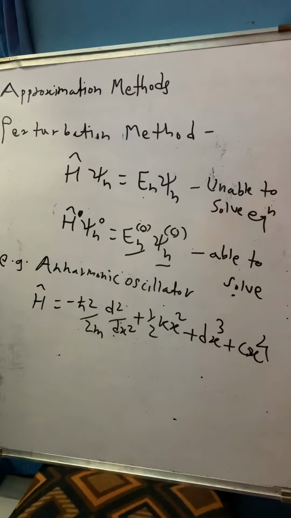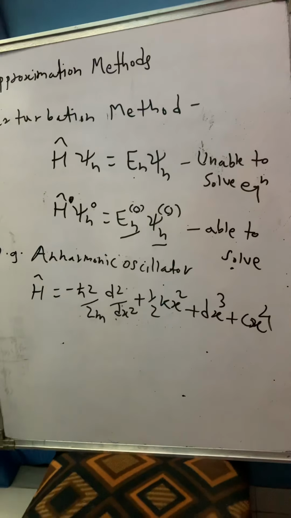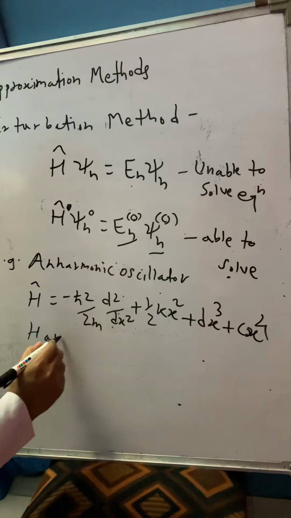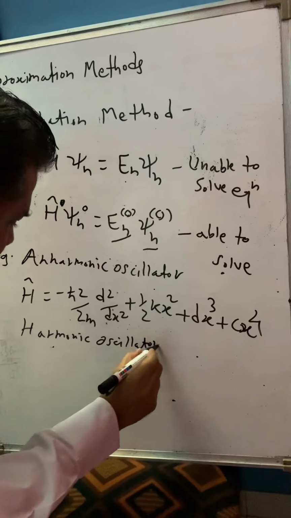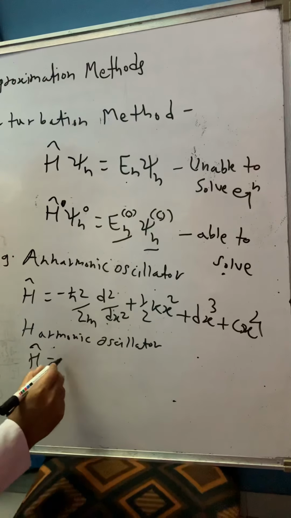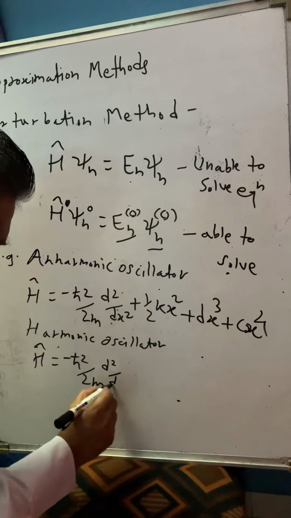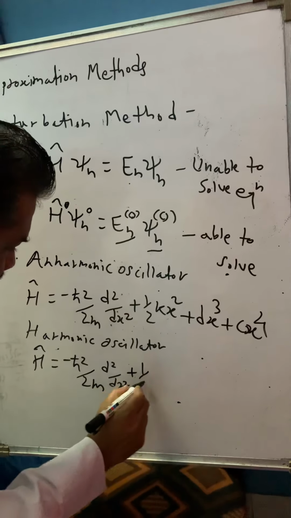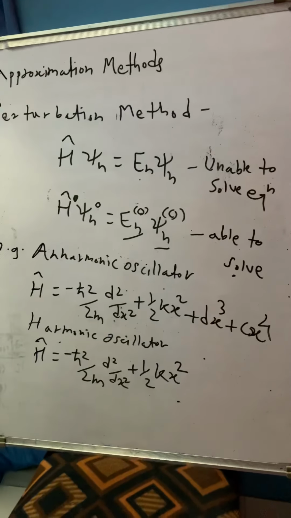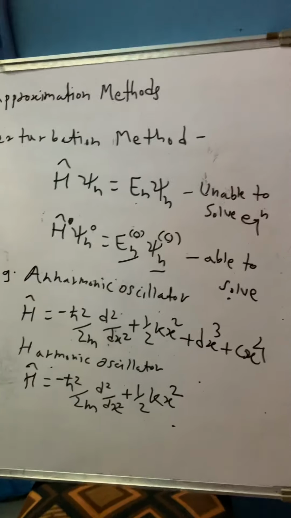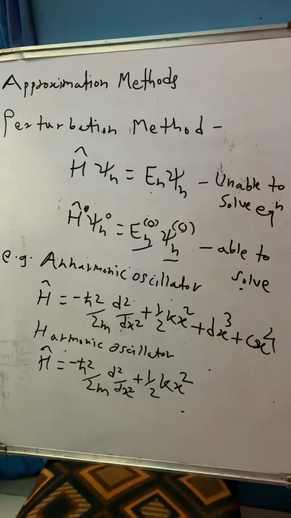Now this Hamiltonian is closely related to the Hamiltonian for the harmonic oscillator, which is minus h cross square by twice m d square by dx square plus 1/2 kx square.